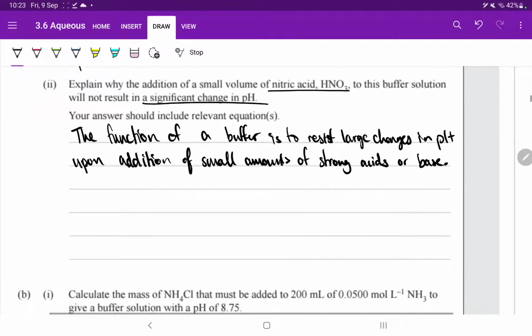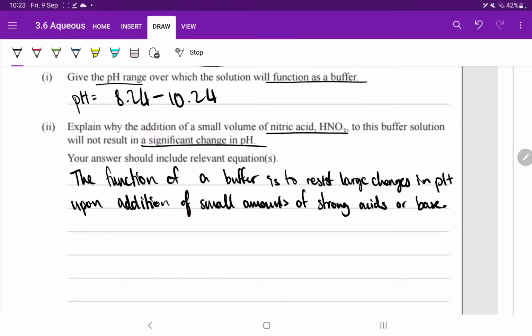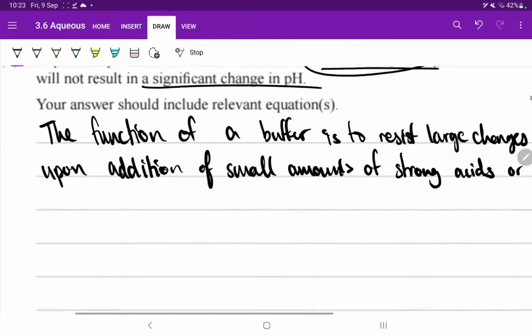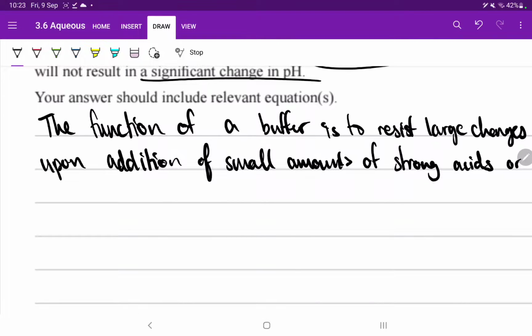Right? Now in this question, what we're looking at is when we're adding nitric acid. So let's talk about what happens when nitric acid is added.